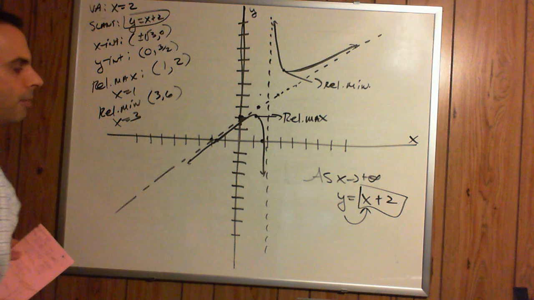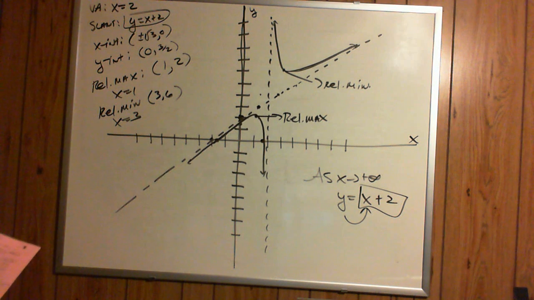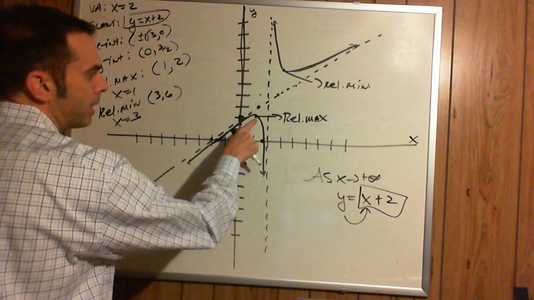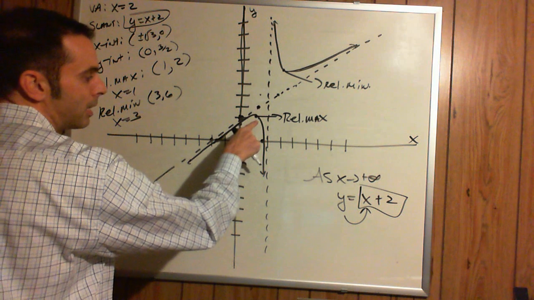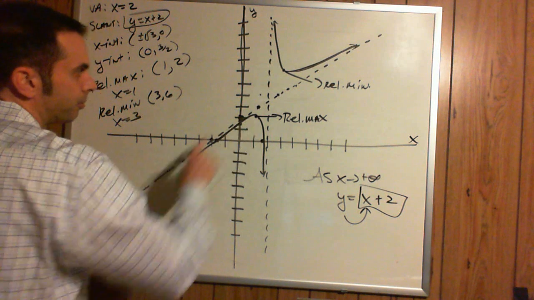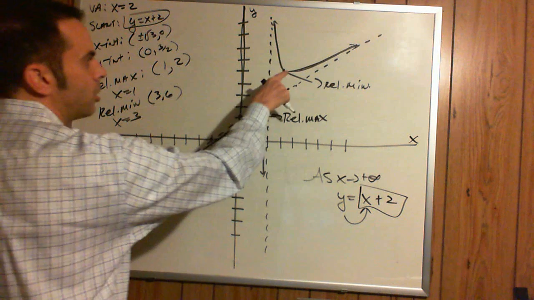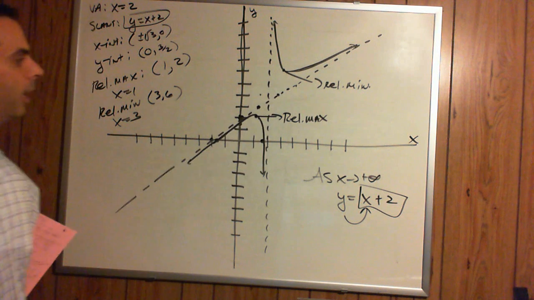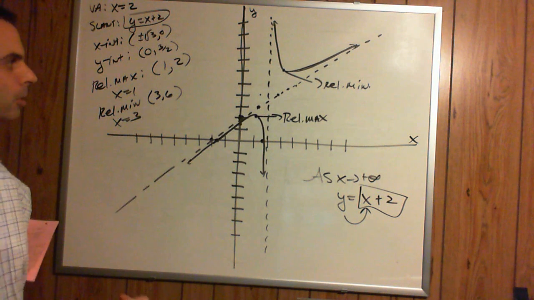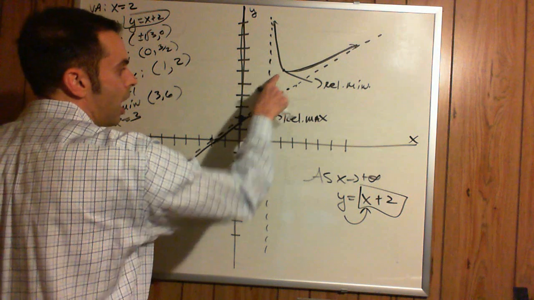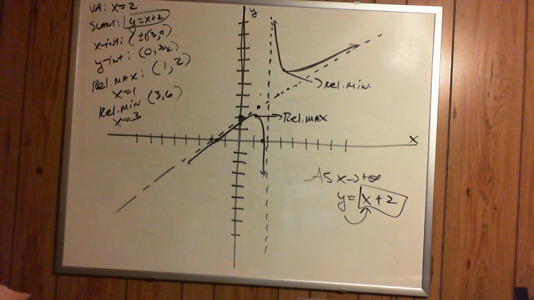So here on this graph, standing back and looking at it, you see that locally speaking, this is the high point, but it is not the highest point, obviously, on the graph. But locally speaking, that is a high point, and locally speaking here, that is a low point. And what's interesting, again, to note is that the relative min is actually higher than the relative maximum.